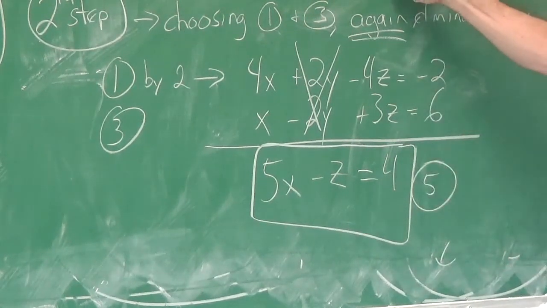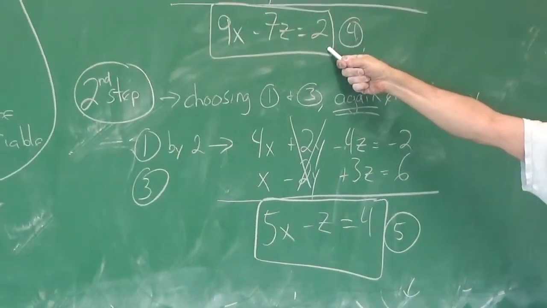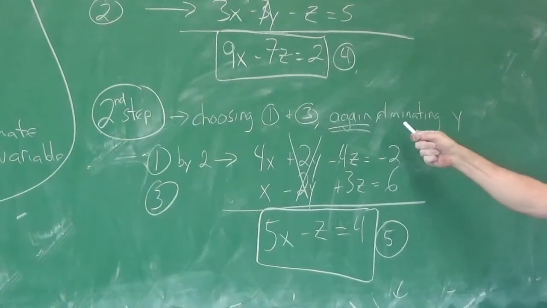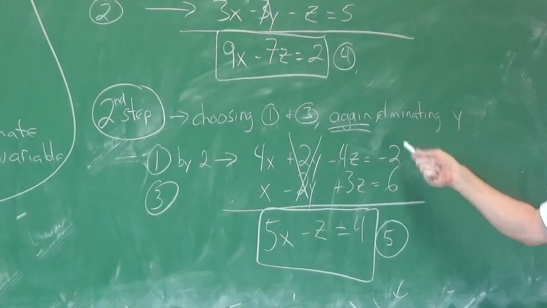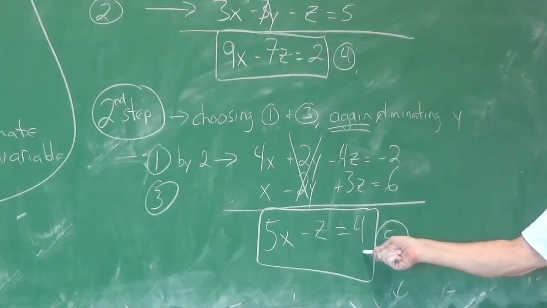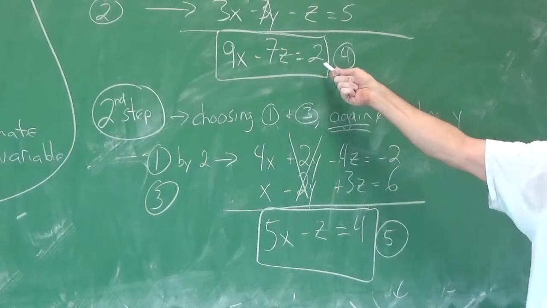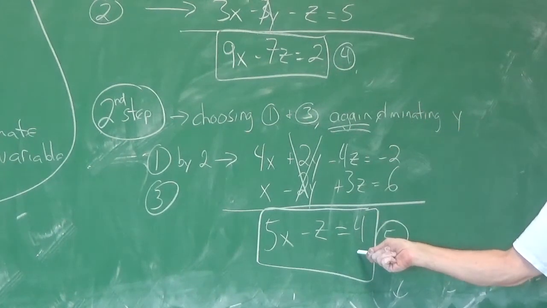Okay, so in step 1, we eliminated y and came up with a new equation in x and z. Step 2, we chose two different equations, eliminating the same variable to come up with a second equation in two variables. So now we're right back to section 5.1. We have a two equation, two unknown system.